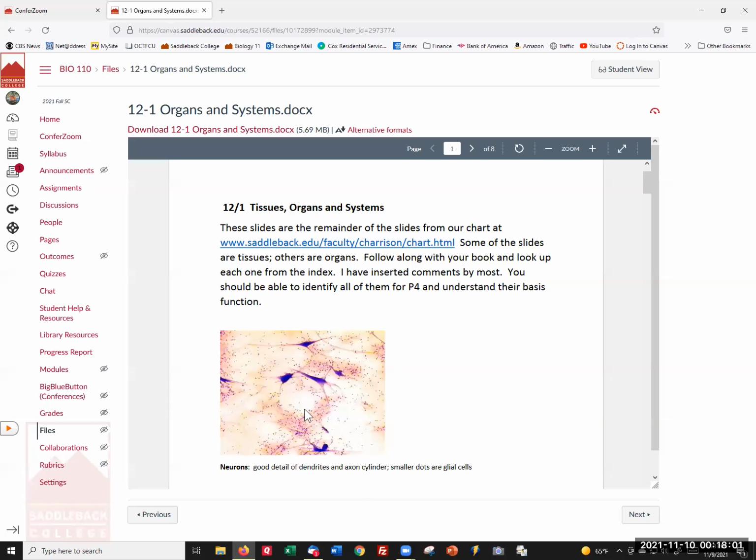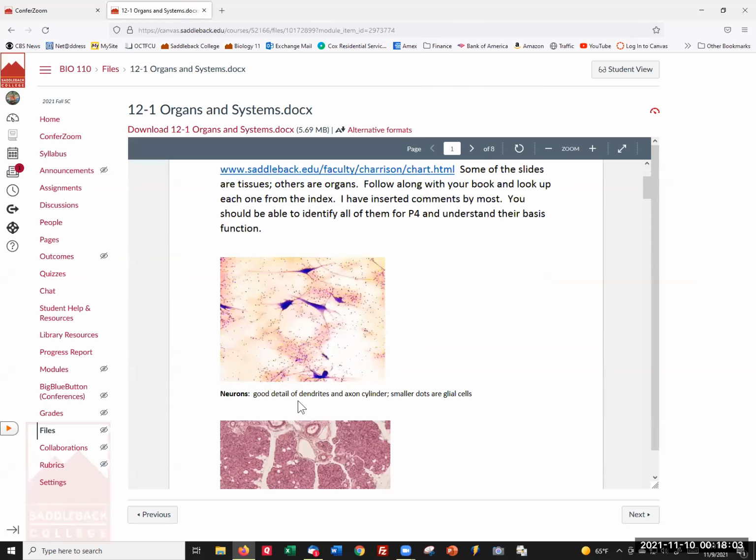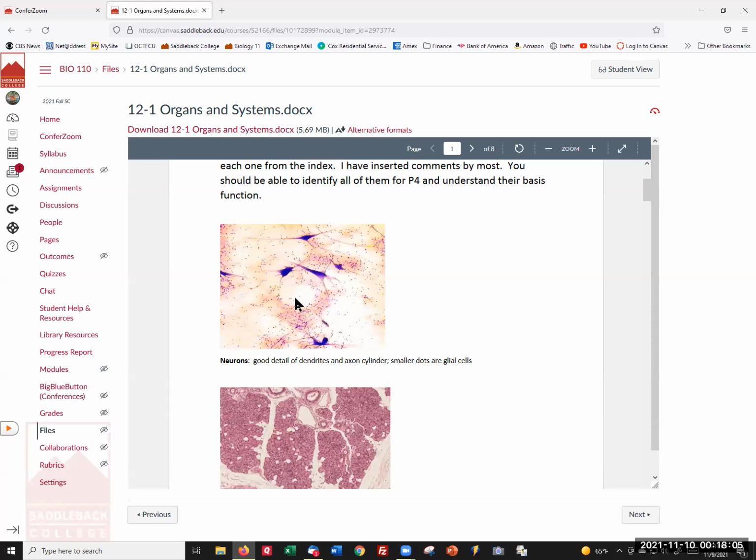And here's neurons. You look at it, get an idea what they look like. You also have your work guide or your study guide that I led you to on my homepage, where I asked you to fill out the name and the definition or the function, okay?